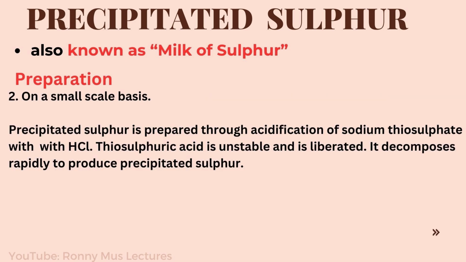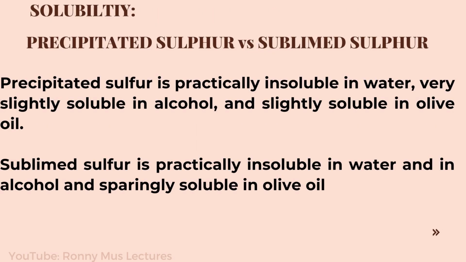On small scale basis, precipitated sulfur can be prepared through acidification of sodium thiosulfate with hydrochloric acid. The thiosulfuric acid produced is unstable, and it decomposes rapidly to produce precipitated sulfur. We look at solubility and we compare the solubility of precipitated sulfur and sublimed sulfur.